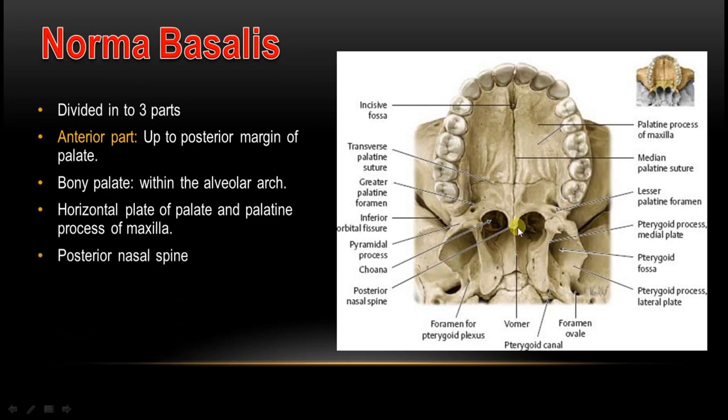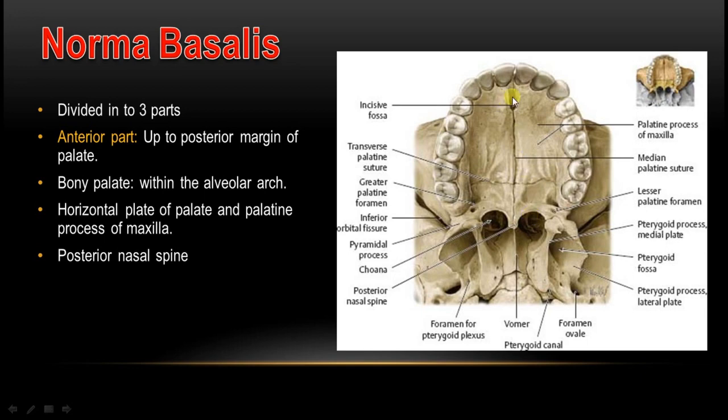Posteriorly you are able to see the posterior nasal spine, and that is the posterior border of the palate. These openings are the posterior nasal apertures, also called the choanae.